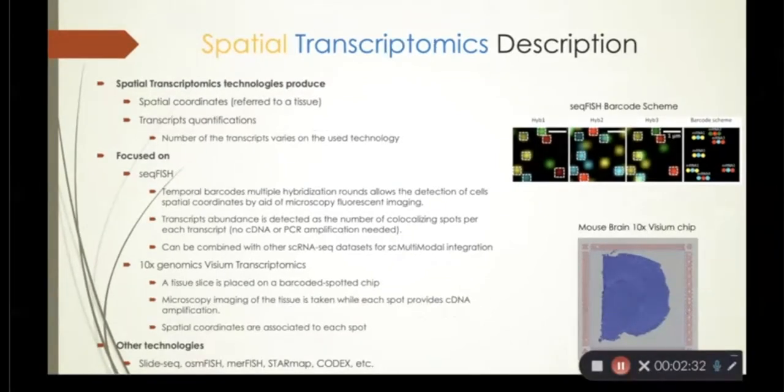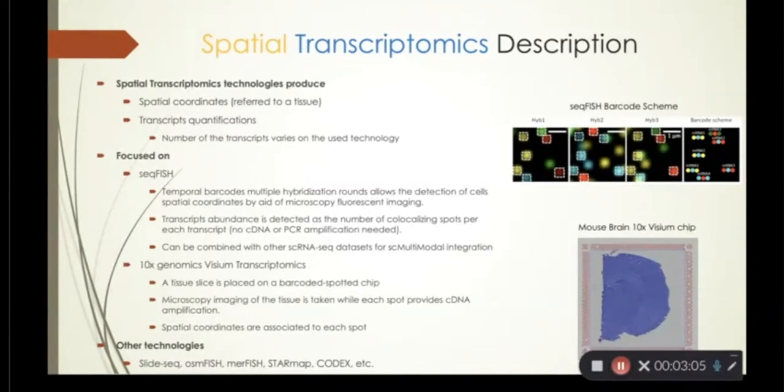The 10x Genomics Visium transcriptomics is a little bit different because the tissue is placed on a chip with several spots on it, and while we capture the image of the tissue on the chip, some cDNA amplification is made inside of each spot.